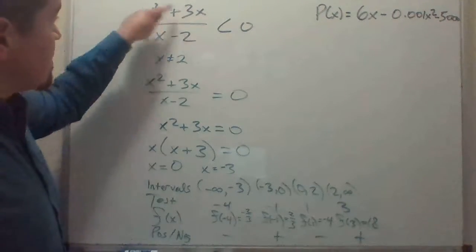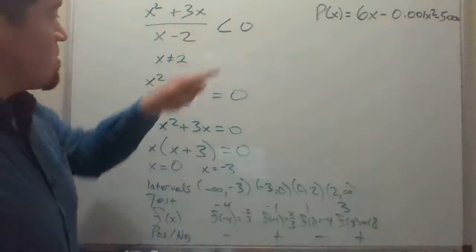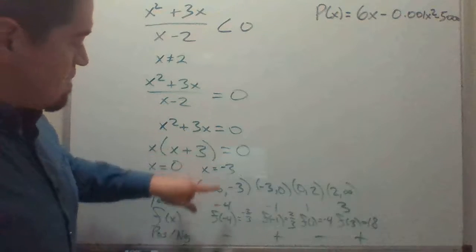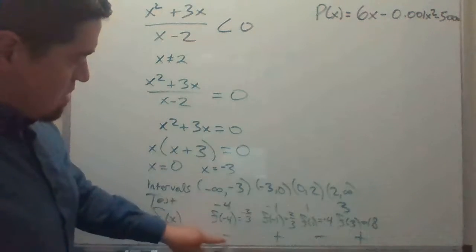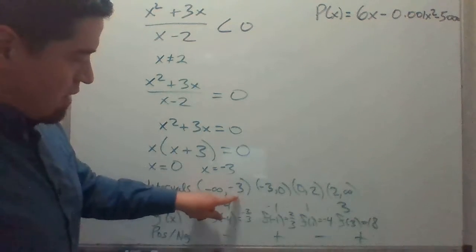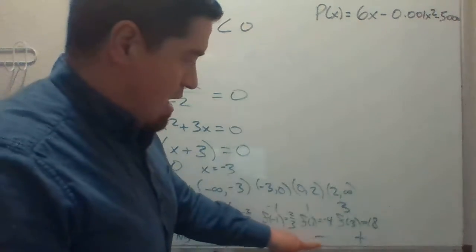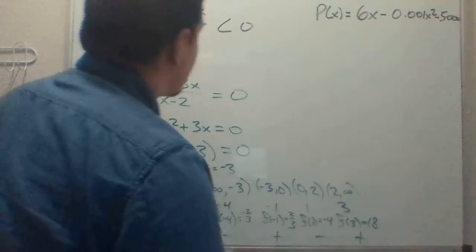We want to know when this is less than 0. Well, when is it less than 0? When it's negative. So in the interval negative infinity to negative 3, it's negative, and in the interval 0 to 2.